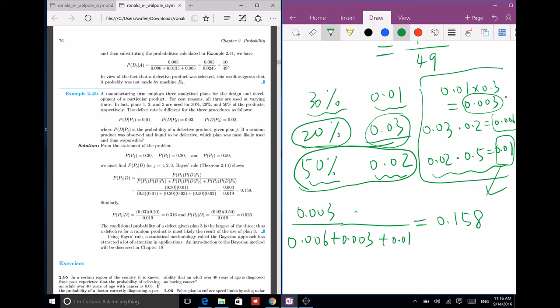The second one, you use 0.006 divided by the total. For the third one, use 0.01 divided by the total. That's the probability of each one being responsible, or the probability of one of them having the problem. Okay, so that's Bayes' rule. And next, I'm going to record a video for your homework.